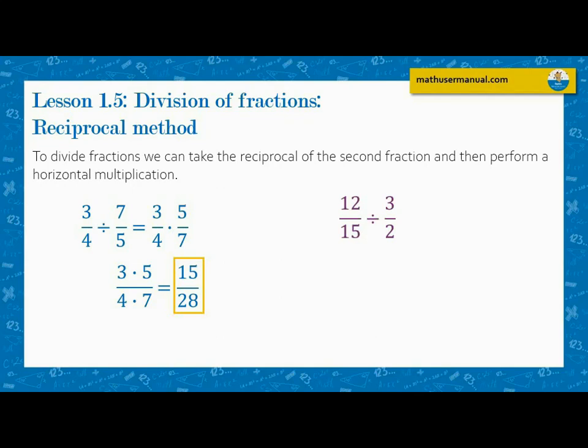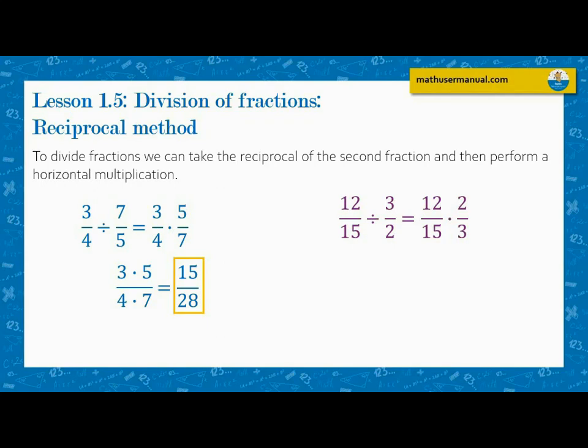Let's do it one more time. 12/15 divided by 3/2. So we copy the first fraction. That 12/15 stays as it is, 12/15. The 3/2, that's the second fraction. We have to get the reciprocal, so 2/3, and change the division to a multiplication. 12/15 divided by 3/2 is the same as 12/15 multiplied times 2/3.